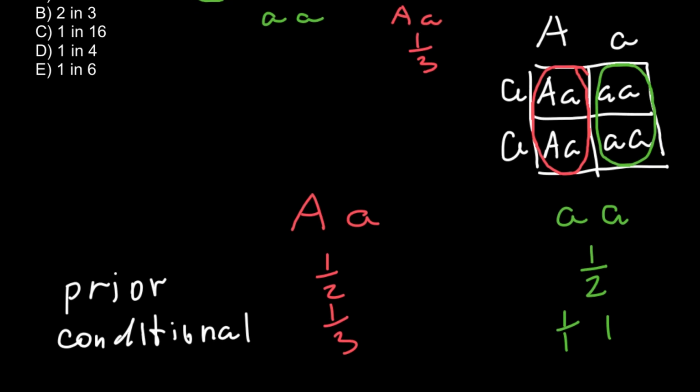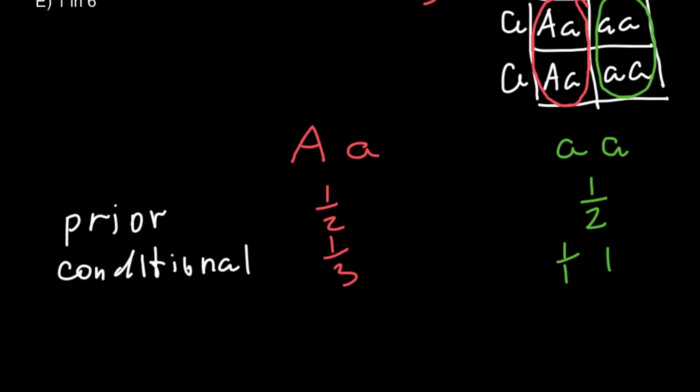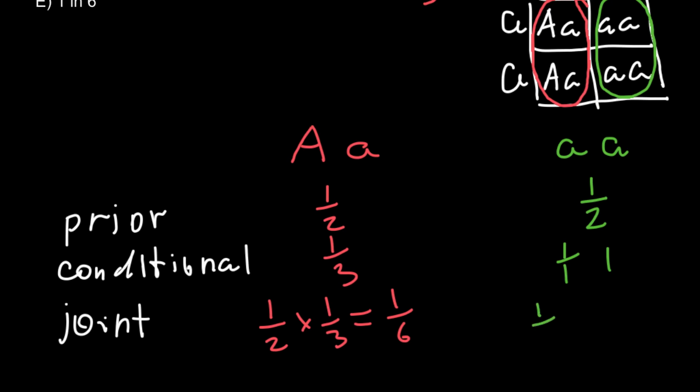And the next row would be joint probability, so joint probability of these two events. So we basically multiply 1/2 by 1/3 here, and we get 1/6 joint probability, and in the next column we multiply 1/2 by 1, and we get 1/2 here.